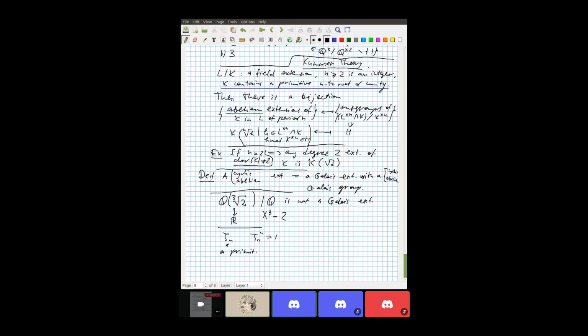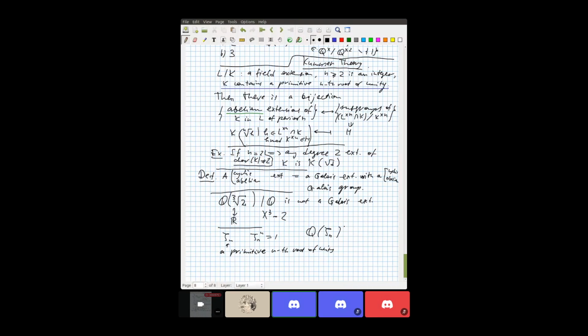Yeah, a primitive nth root, a complex root of unity. It doesn't matter, because in some sense they are all the same. And what will you do with this primitive nth root of unity? If you just adjoin this, of course, this is a Galois extension.